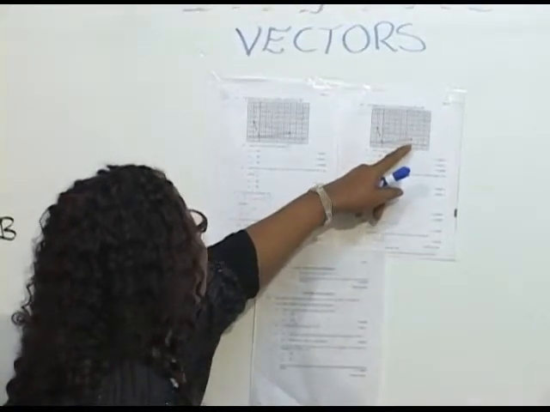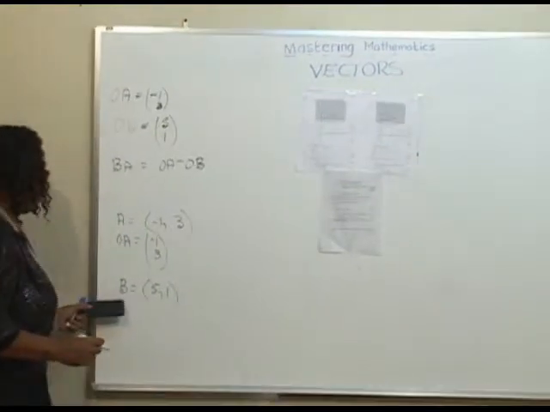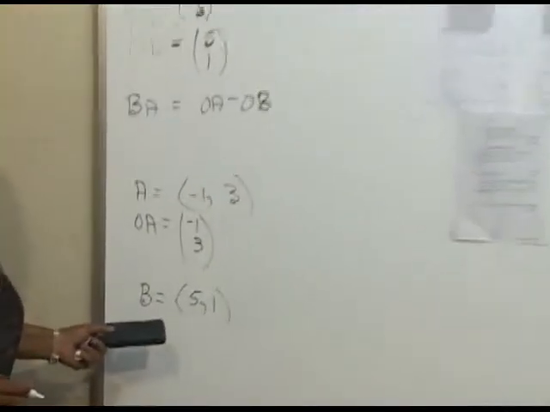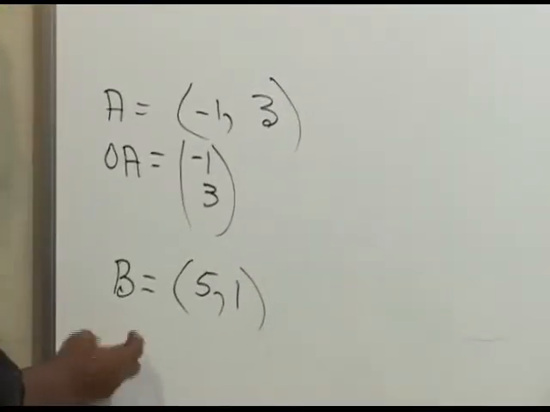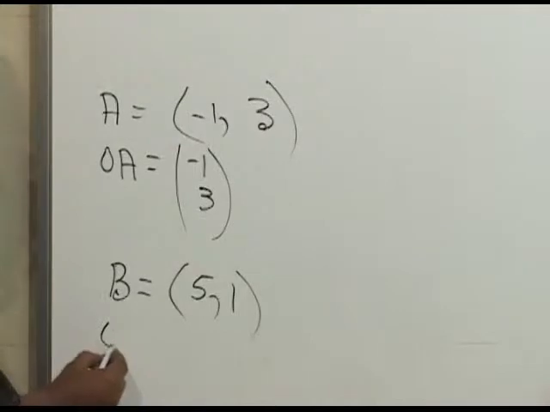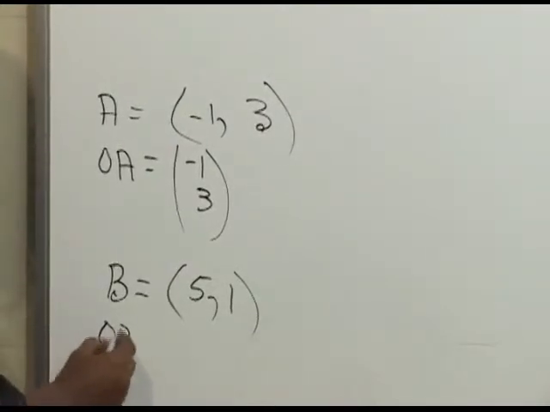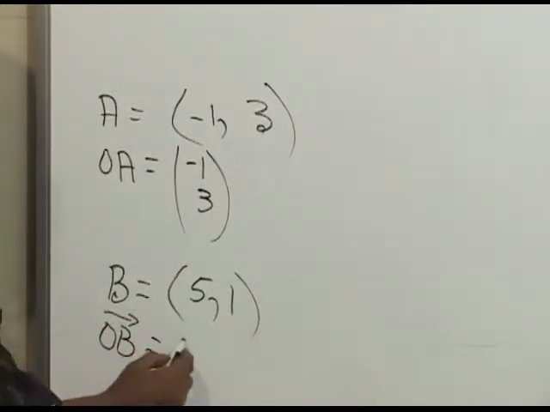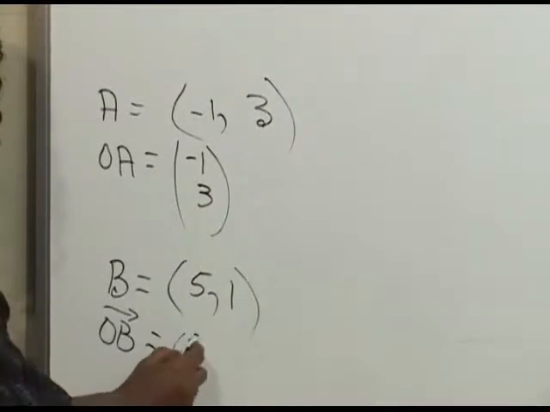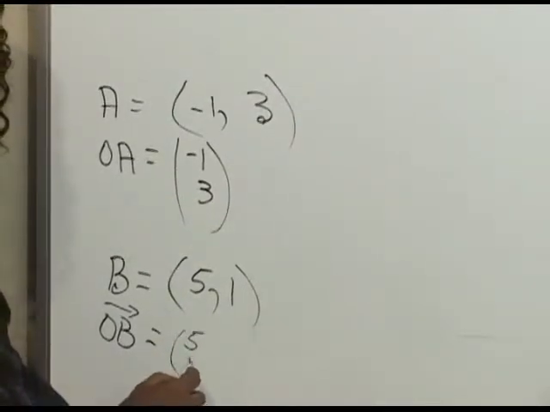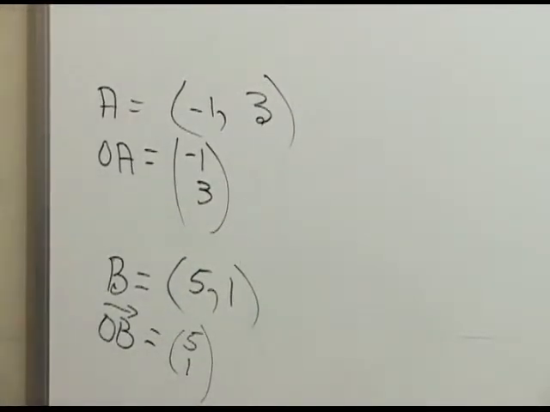All right. So we would have done that. So our Y then would be equal to 1. So the coordinates of B is equal to 5, 1. And therefore, our position vector would have been OB, which is now equal to 5 in the top and 1 in the column vector. And that is it.